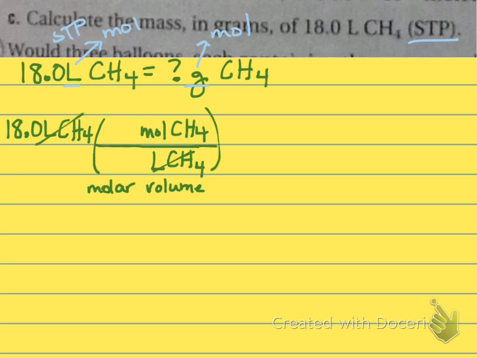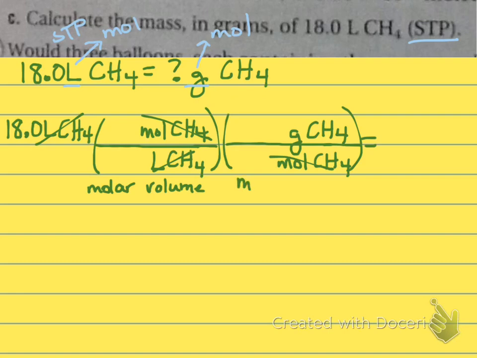I can't stop. I'm in moles right now and I want grams. So moles of methane have to go on the bottom. Grams of methane is going to go on the top. I can stop now because I'm going to be in the correct unit. This one is our molar mass conversion factor.